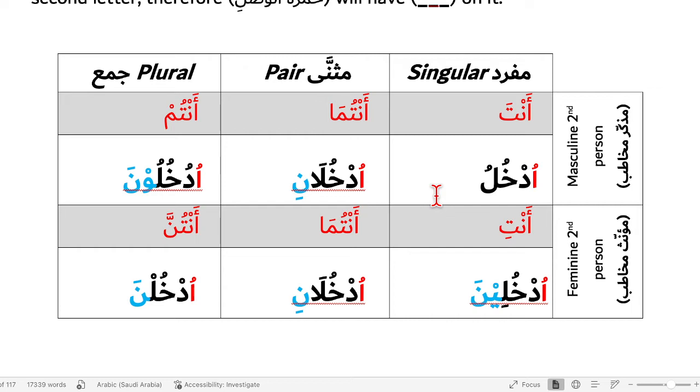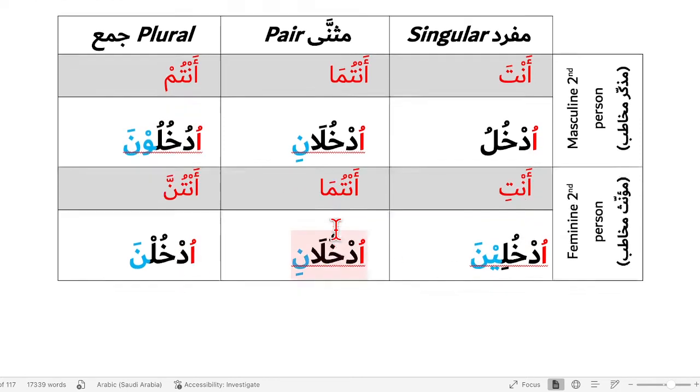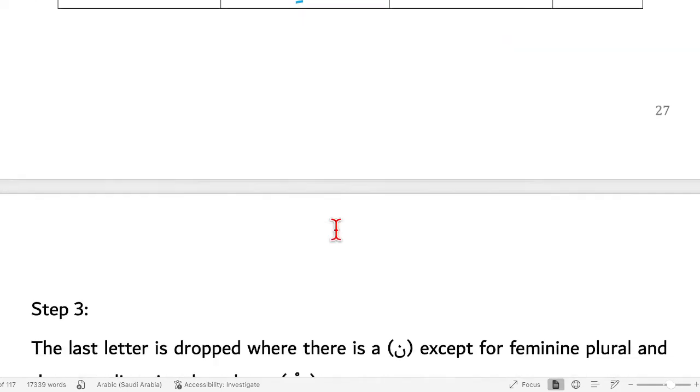For dakhala yadkhulu, the command verb, because the middle letter has u, the hamzatul wasl that you add will take the same sound, the same haraka. This is not done yet, so there is another step. Step 3.